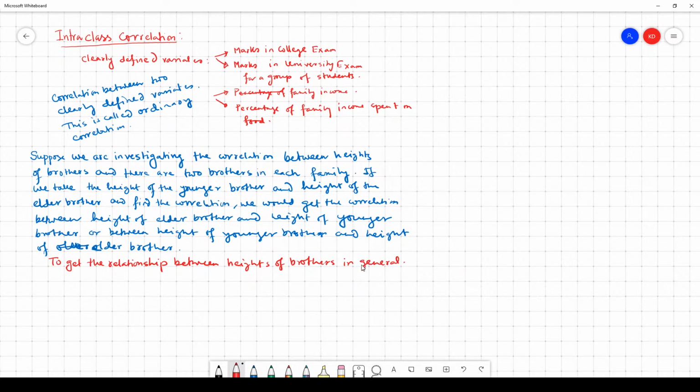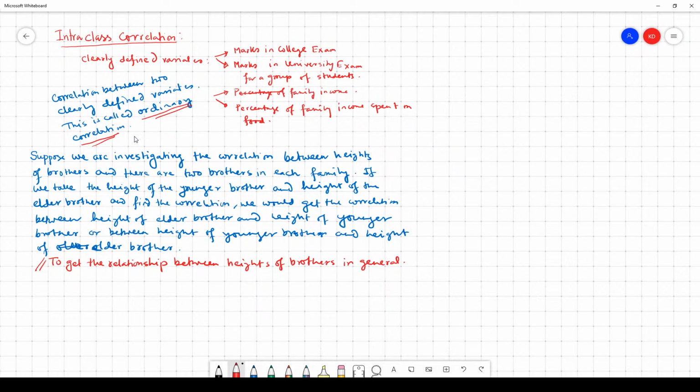So this case is not simple, because now we have more than two brothers in each family. In that situation, this is not a simple or ordinary correlation coefficient. It is different from the simple and ordinary correlation coefficient.